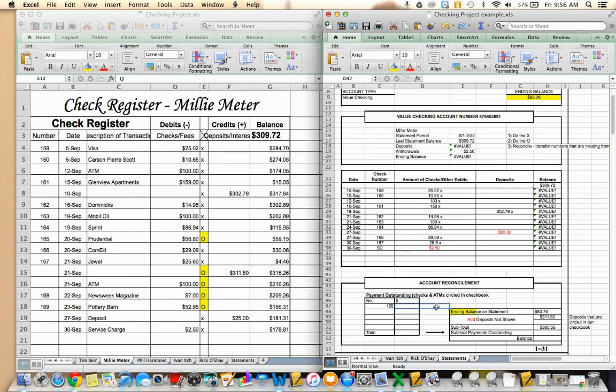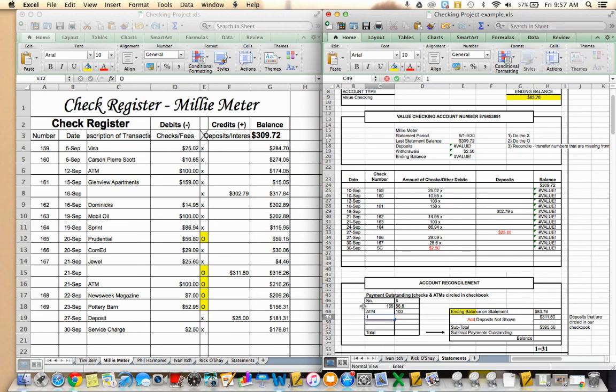All right, so check 165 is $56.80. Then we have the next check over here. Oh, it's not a check, it's an ATM, but we still need to write it in our checkbook. So ATM and $100. The next thing we have circled is the $7, and it was check 168.